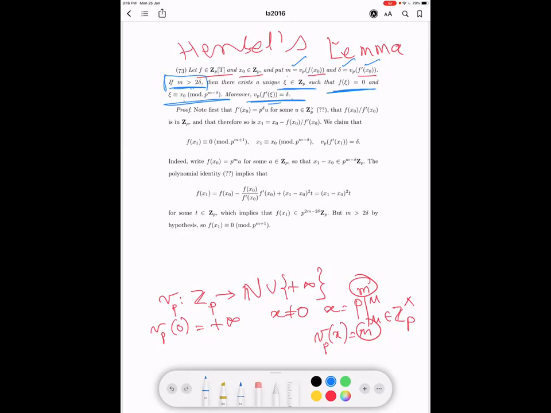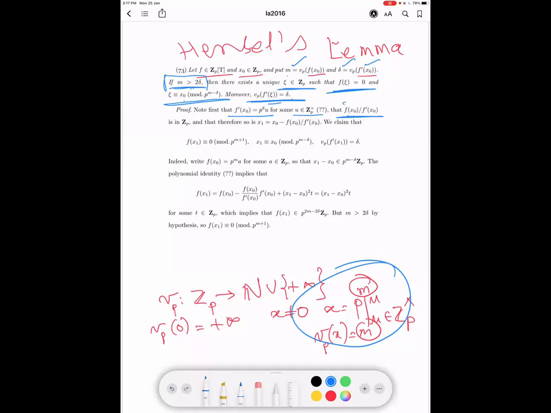So first of all, f prime of x naught is equal to p to the delta times u for some unit. Why is that? This is what I recalled, that's the definition of Vp. And therefore, what is f of x naught? The valuation of f of x naught is m, which is bigger than delta.